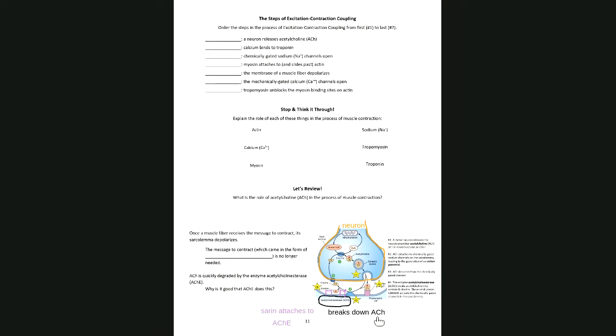Or we could flip it around with this question in your notes: why did we say it's a good thing that I break down acetylcholine? To stop contraction. So that's the goal of breaking it down, to stop contraction. Well, sarin is stopping acetylcholine esterase from doing its job, from stopping contraction.